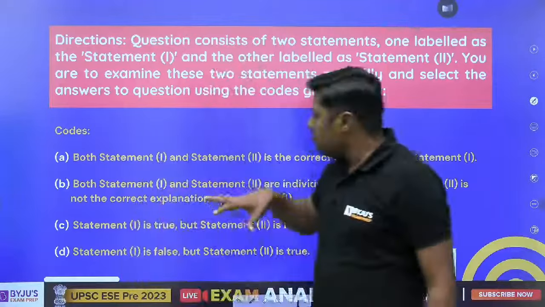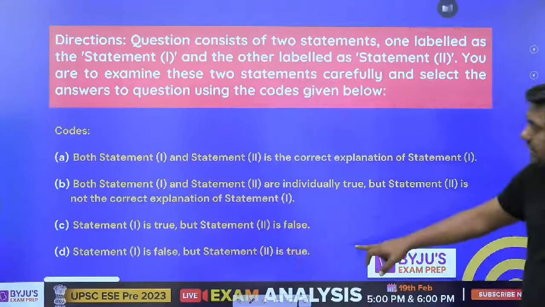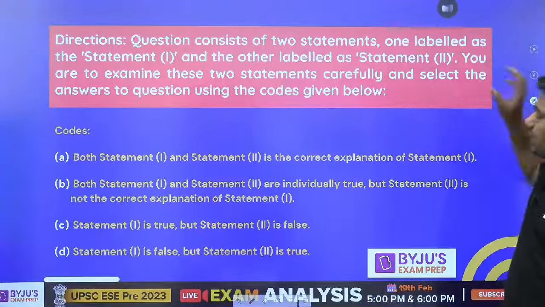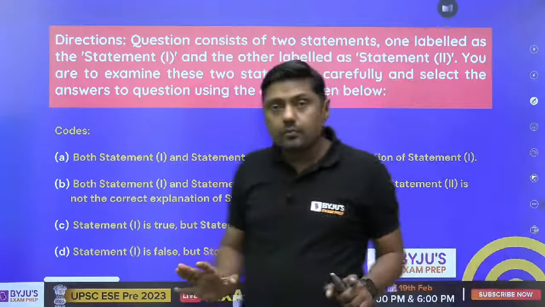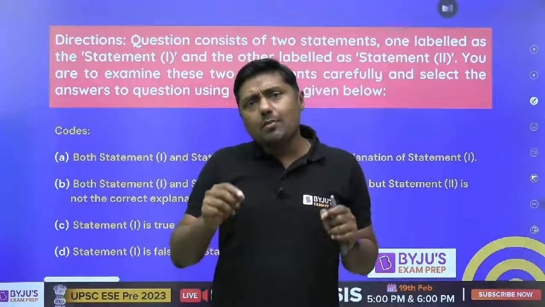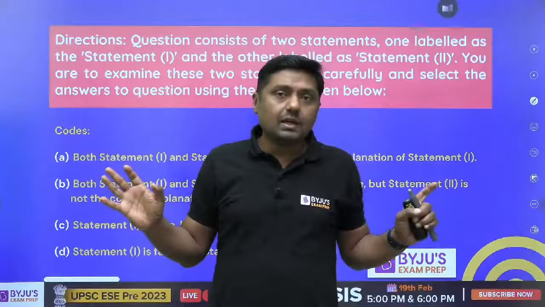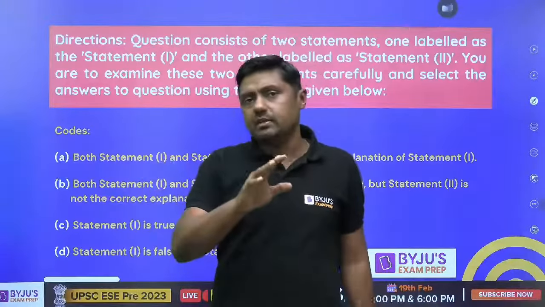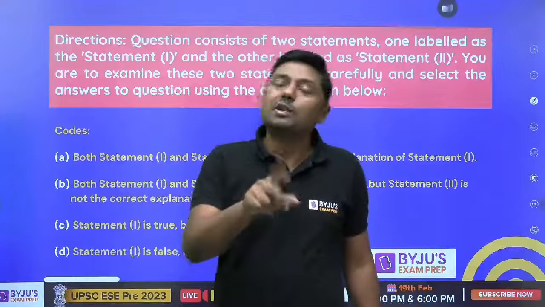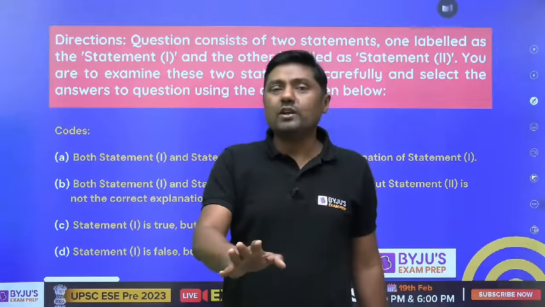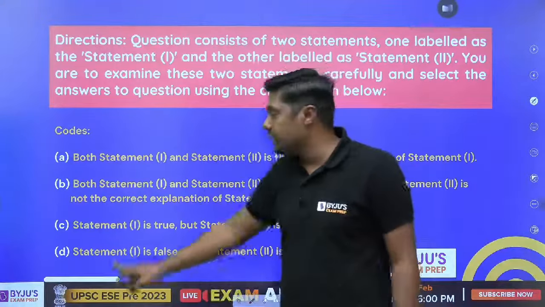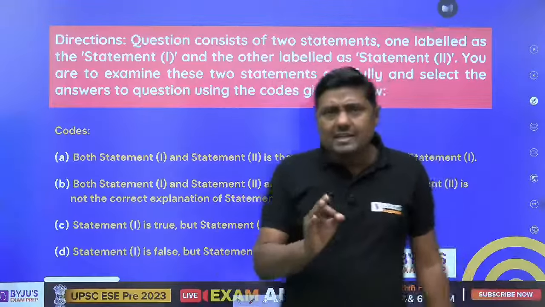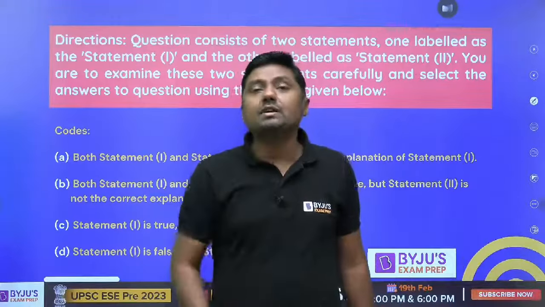To handle this type of question, try to understand. First of all, read statement number 1 during the exam. If statement number 1 is wrong, directly you are saying that this is the wrong statement, then no need to read statement number 2. Directly give option D. So within 10 seconds we can attempt this type of question.